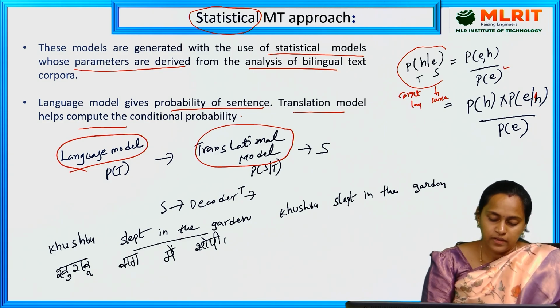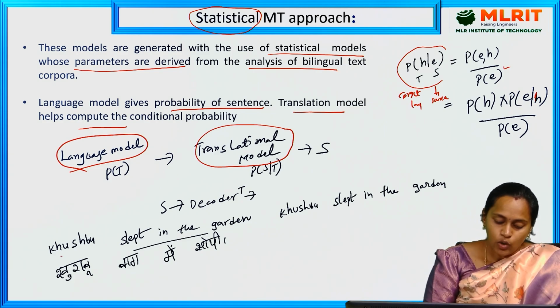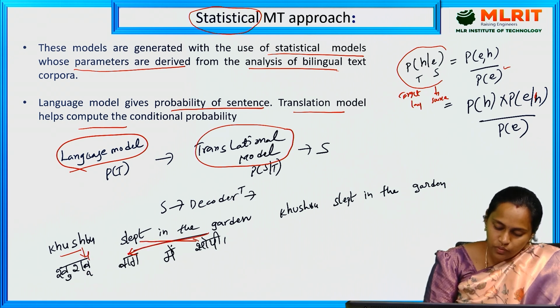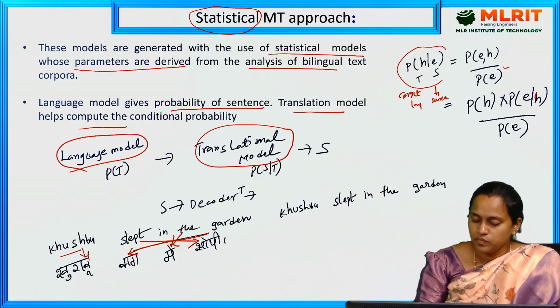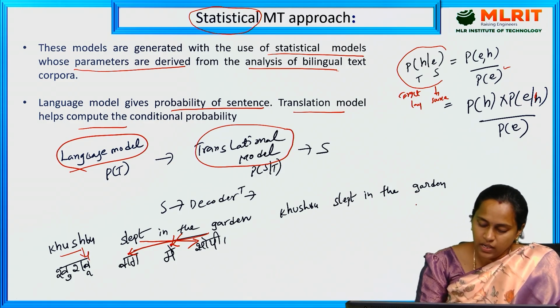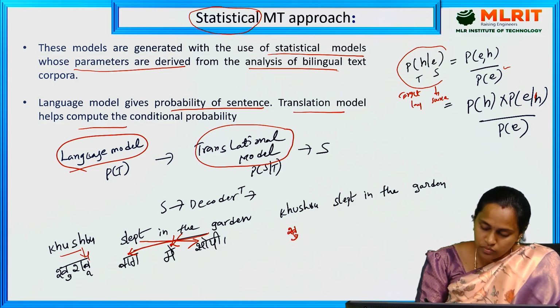Here let's see the example. Khushbu slept in the garden. Khushbu baag mein soyi. Slept is soyi. This is a sentence: Khushbu slept in the garden.